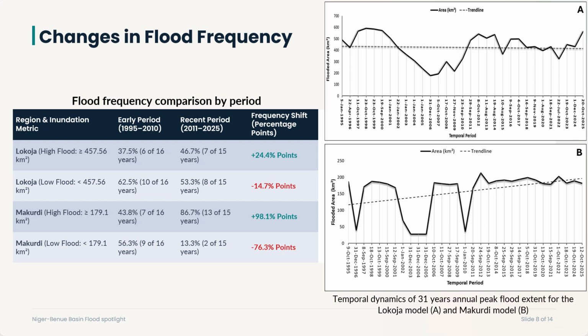Unlike the Lokoja trend, which shows a downward trajectory, the Makurdi flood trend is showing an upward increase, meaning that flooding magnitude and frequency in this area is increasing over time.